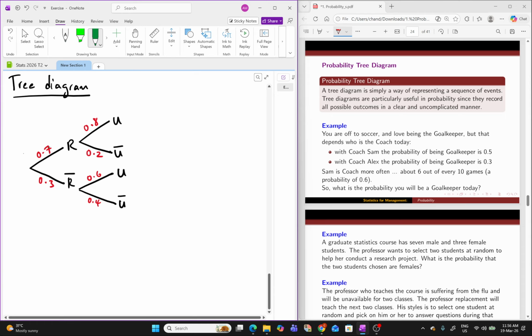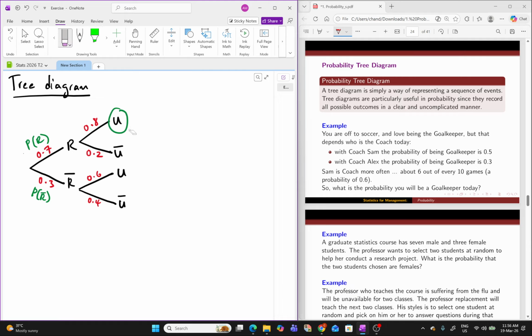What does this number tell you? This number is the probability of R. What does this number tell you? The probability of not raining. What does this number tell you?